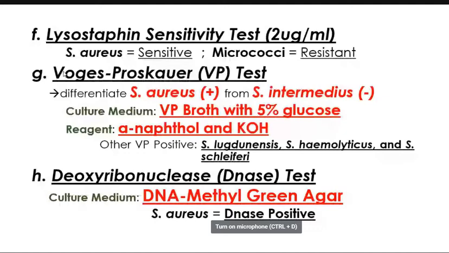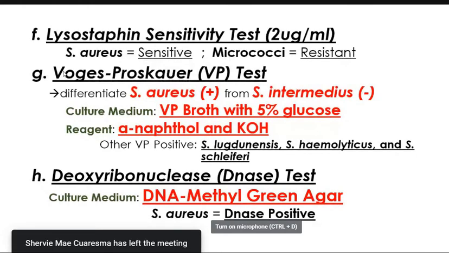Diba meron kang emulsified bacterial isolate ng Staph or ng question mark muna, Staph aureus. And then ginawan ng lysostaphin. And then sinasabi natin sensitive. Lysostaphin is 2 microgram per ml. So, disc ang ginagamit. Kaya ilalagay dun sa iyong tube na pinaglagyan mo ng iyong bacterial or yung clinical isolate.